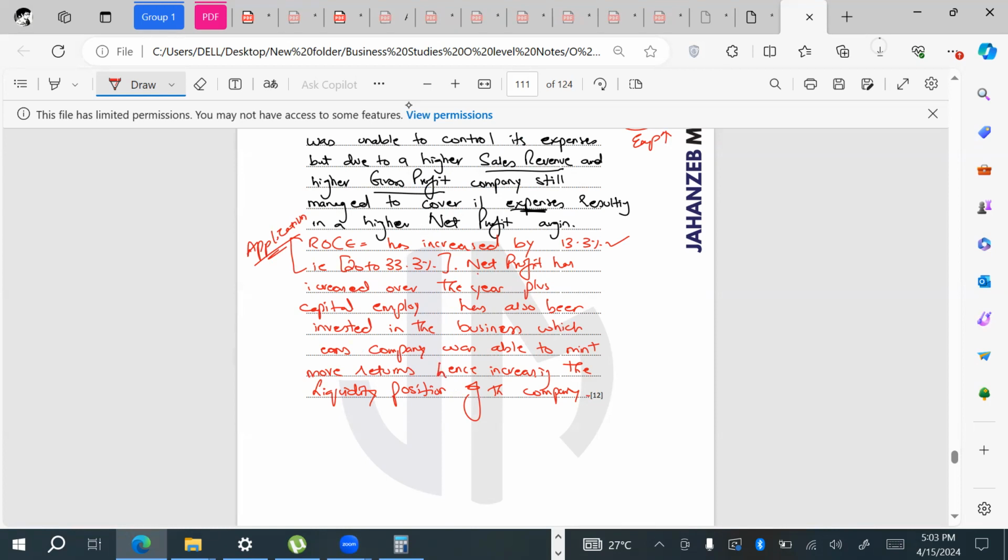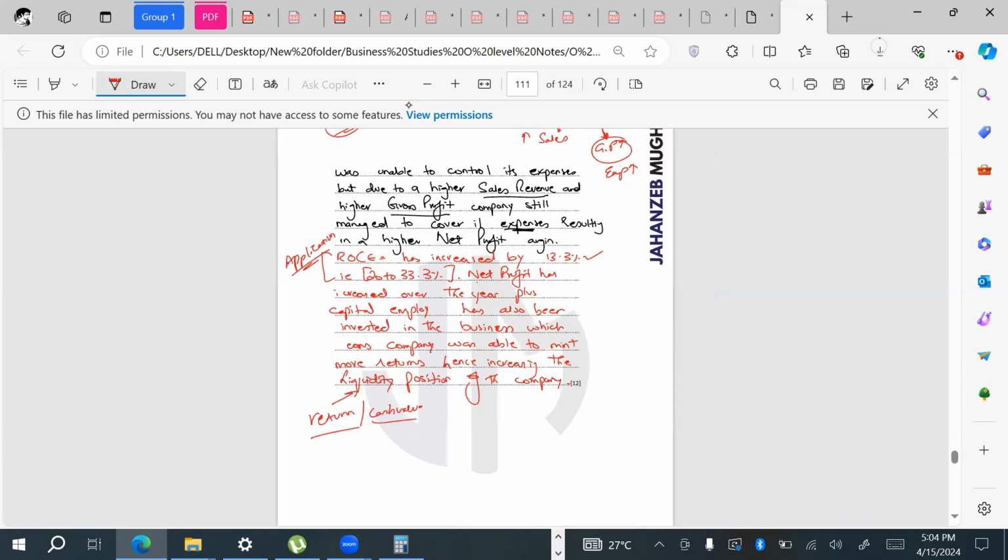Liquidity position means that the company's return, cash value, all these values increased. Returns increase, company की liquidity position अच्छी हो. This is how you are going to write an analysis one by one.